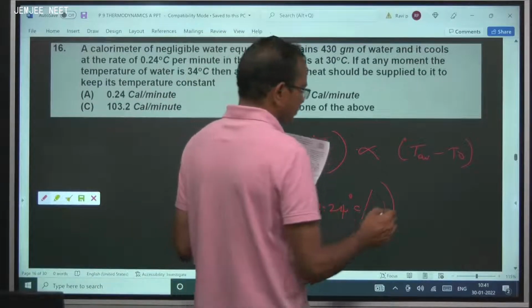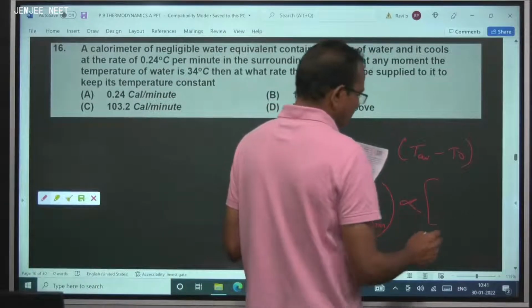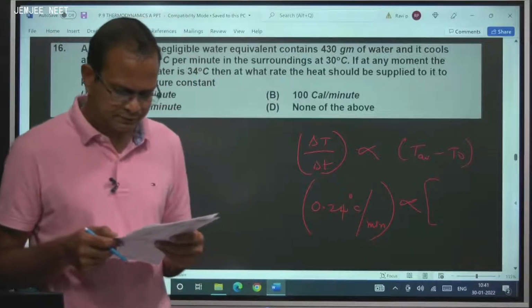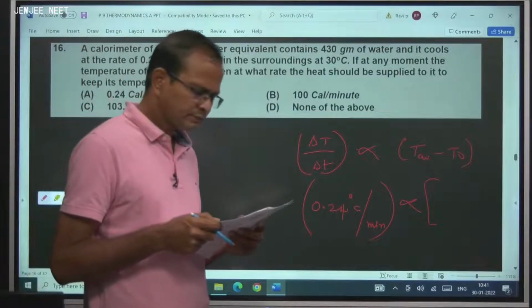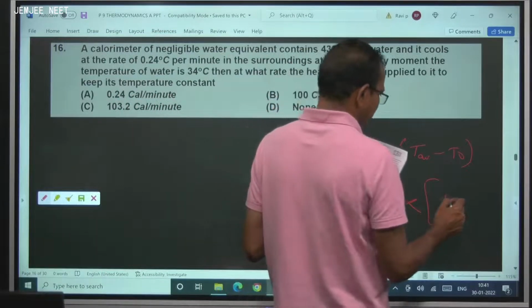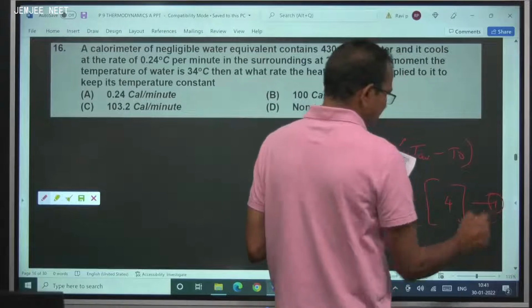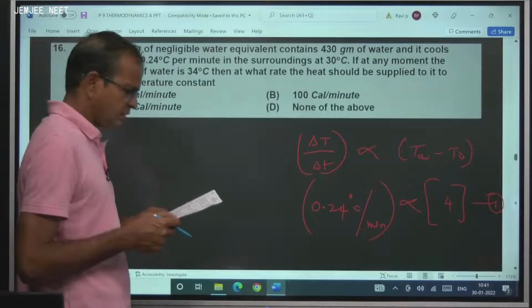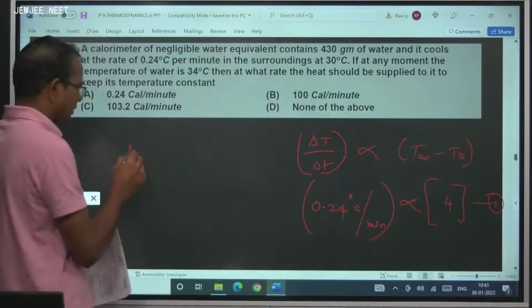Is directly proportional to T average minus T naught. How much? You say take 34: 34 minus 34. Equation number 1. Is it right? Now I want to calculate dQ by dt.